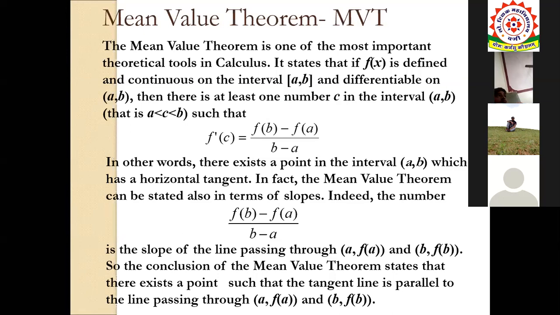f of b minus f of a upon b minus a is nothing but the slope of the line passing through a, f of a and b, f of b. So the conclusion of the mean value theorem says that there exists a point such that the tangent line is parallel to the line passing through a, f of a and b, f of b.